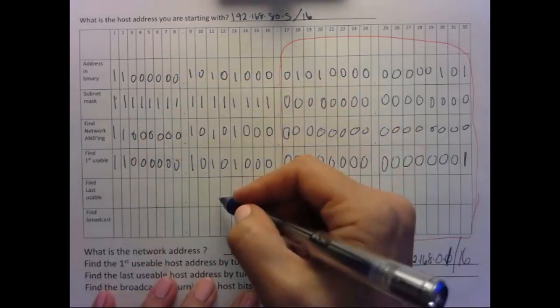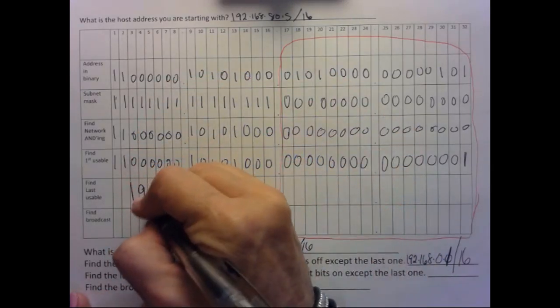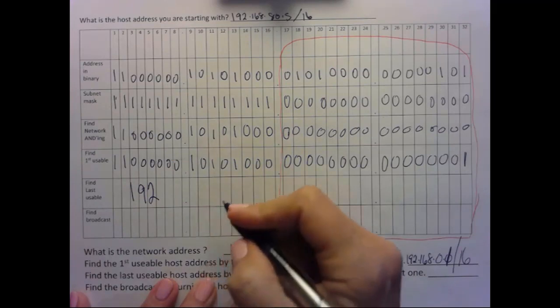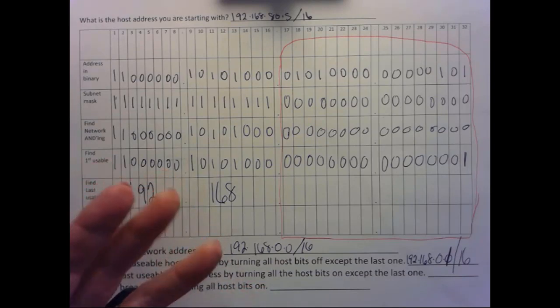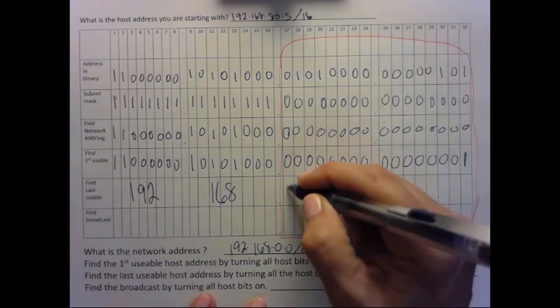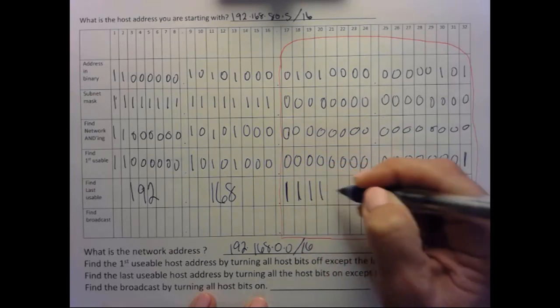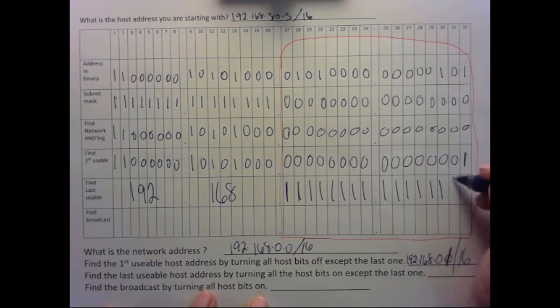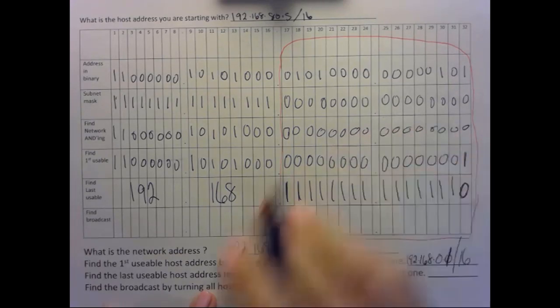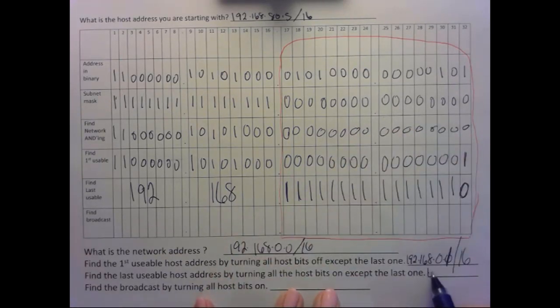So we know that the network part stays the same, so I'm just going to write 192.168 because we know that stays the same. But the definition of our last usable is when all of the host bits get turned on except the last one. So let's turn it on, right? We're going to turn all of these on except which one? This last one. Okay? So I've got 192.168.